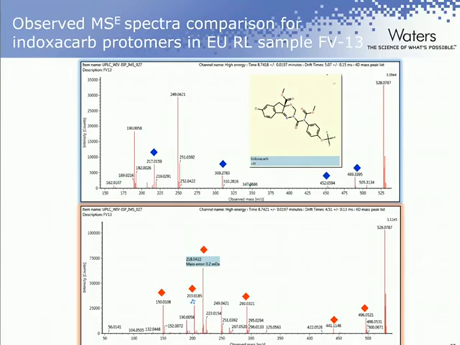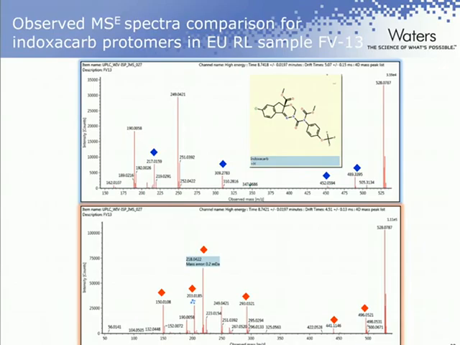So if you're using MRM transition as a means of analysis, then if those protomers vary, so will your diagnostic fragment ions. And that means that you could produce a response that is lower than it should be, and because the ratios of the diagnostic ions have changed, an exceedance may have been missed.